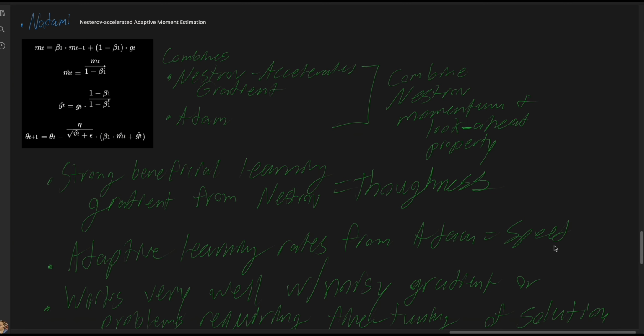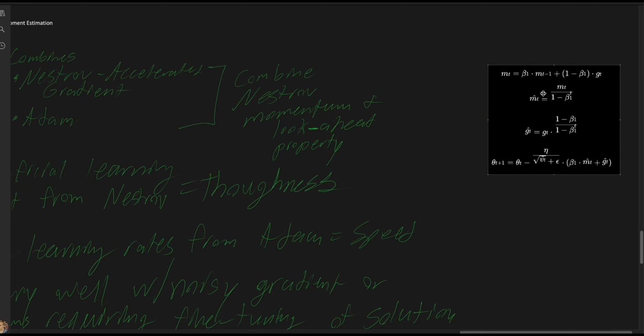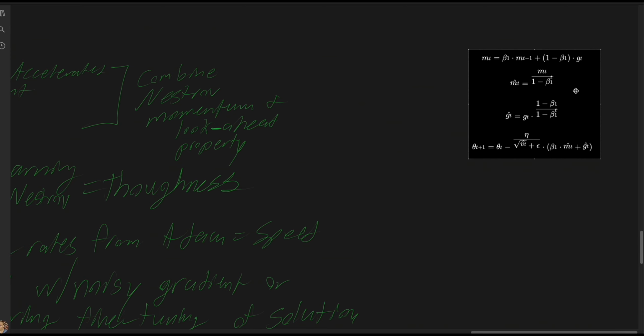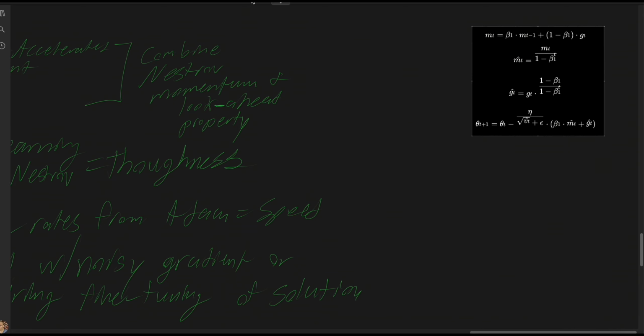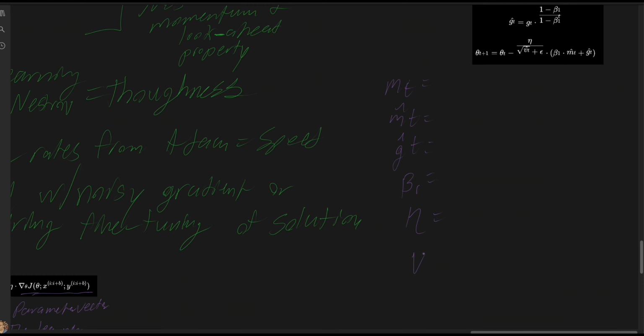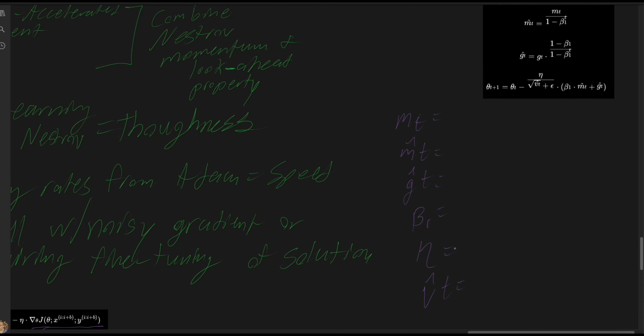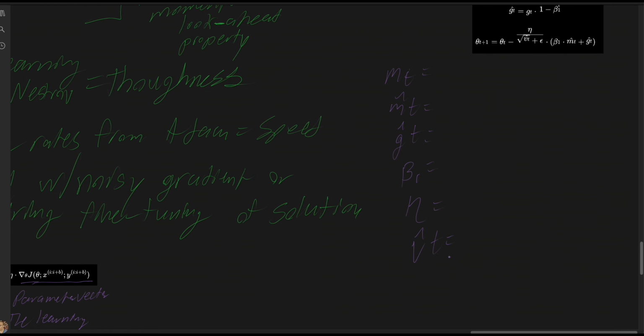And so let's go over the symbols. For the following symbols, NADAM has M of t, M cap t, G cap t, beta 1, nu, V cap t, and epsilon.